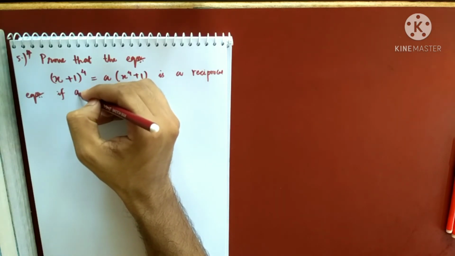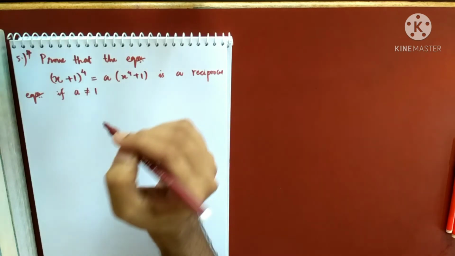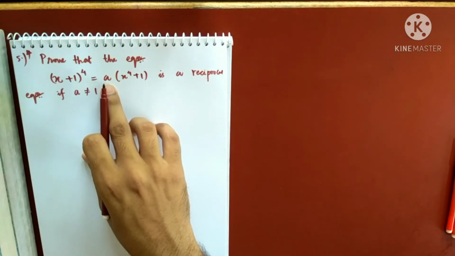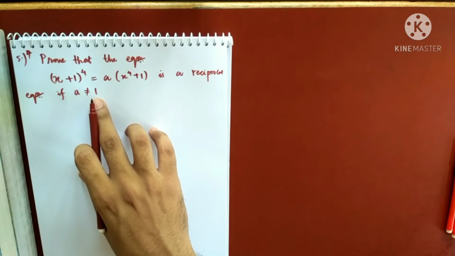That means whatever a you choose except 1, this is always a reciprocal equation. So you give me a equals to 5, 100, 3 by 2, 7 by 8, it is always a reciprocal equation except for a equals to 1.